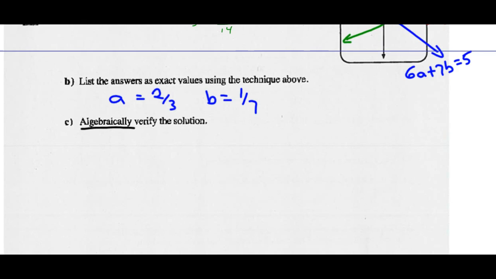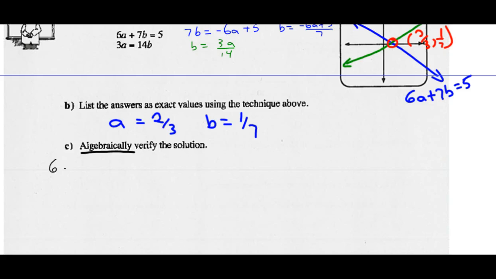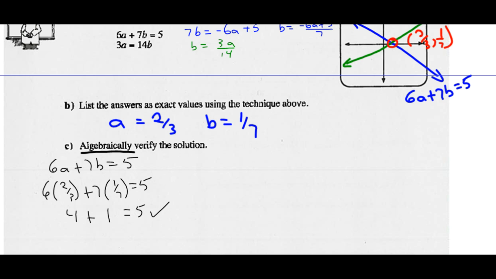So 6a plus 7b equals 5. Plug in a is 2/3 and b is 1/7. And 6 times 2/3 would be 12 divided by 3, which is 4. And 7 times 1/7 is 1. 4 plus 1 definitely equals 5.